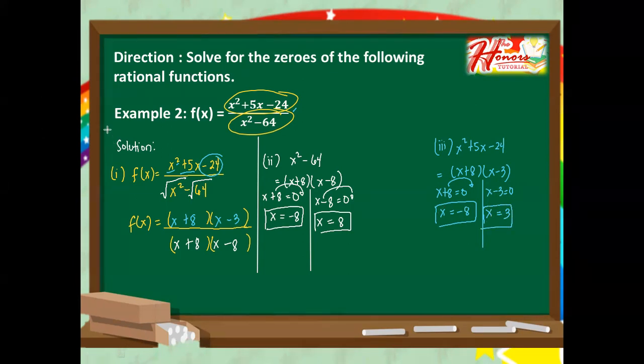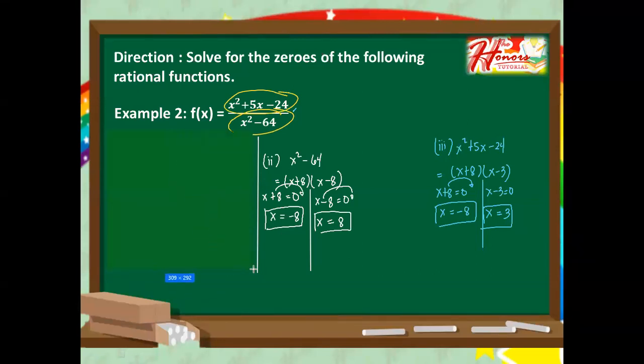Now we have to determine the zeros of these rational functions. Now, we know the restrictions, that is negative 8 and 8. And then we know the values of x that will make the numerator 0. So we have to compare. So we have here negative 8 and negative 8. So therefore, we will not use this because it is here in the restriction. We cannot have negative 8.